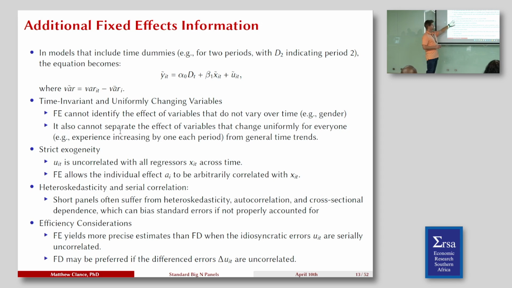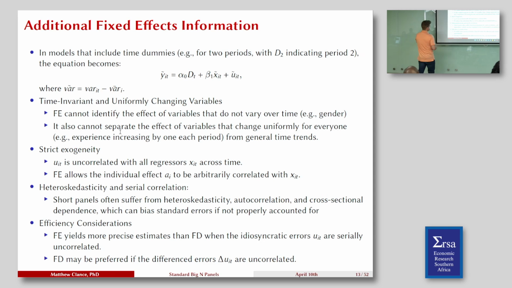And the only reason we can assume this is because once we remove the a_i term, if that is our nuisance parameter in this case, then hopefully we would have strict exogeneity. So in FE we allow the individual effect a_i to be arbitrarily correlated with the x_it. We say it that way because once we demean, and if we do a good job of it, that thing is gone. So there's no arbitrary correlation anymore.